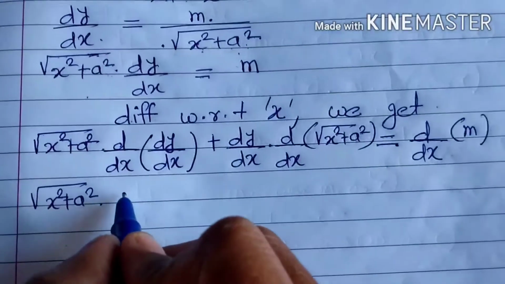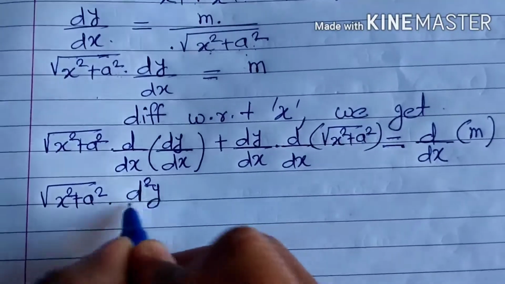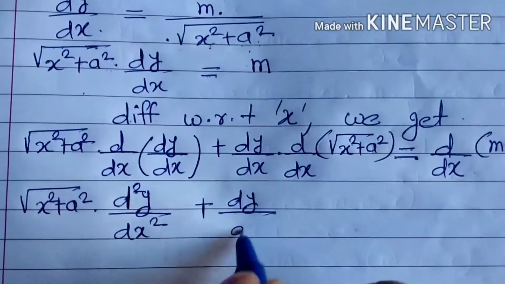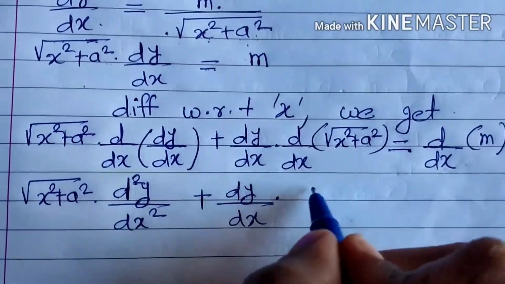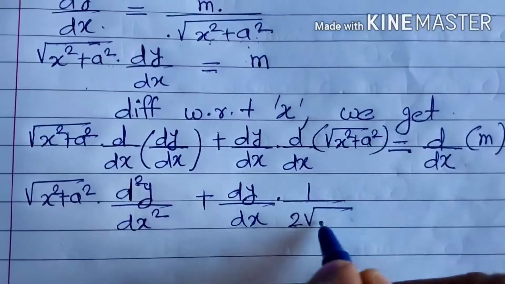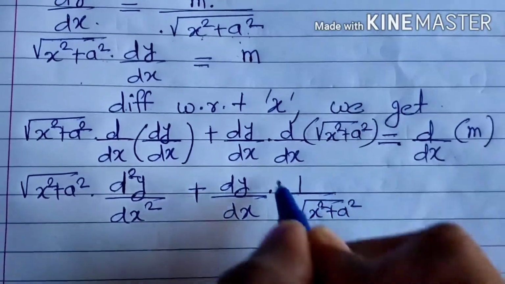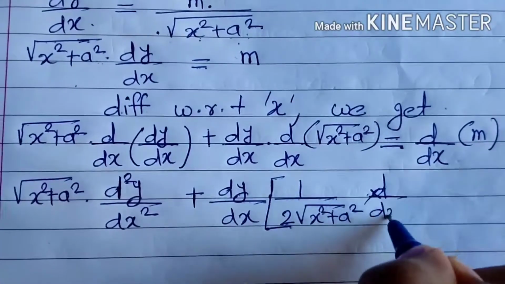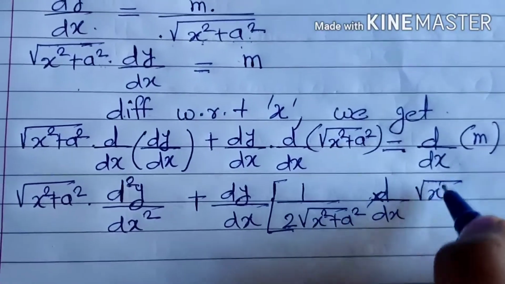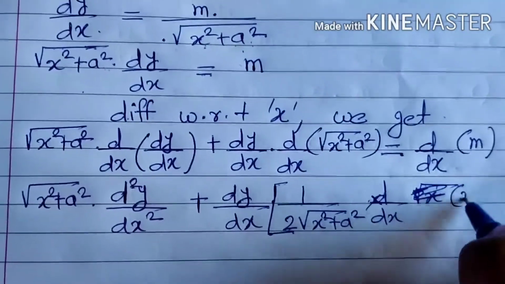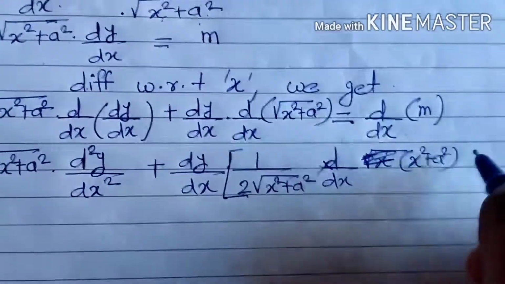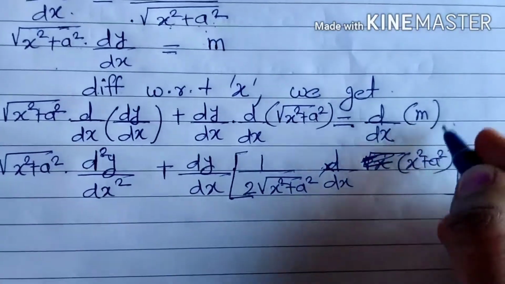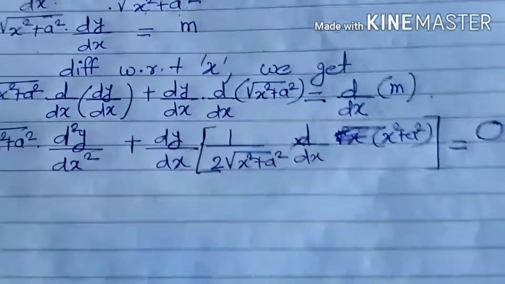So use successive differentiation here, it will become d2y upon dx square plus dy by dx as it is into, root x, derivative of root x is 1 upon 2 root x, and this is taking the derivative of d by dx of under root of x square plus a square, and here the derivative of x with respect to m, where m is constant, so it will become 0.